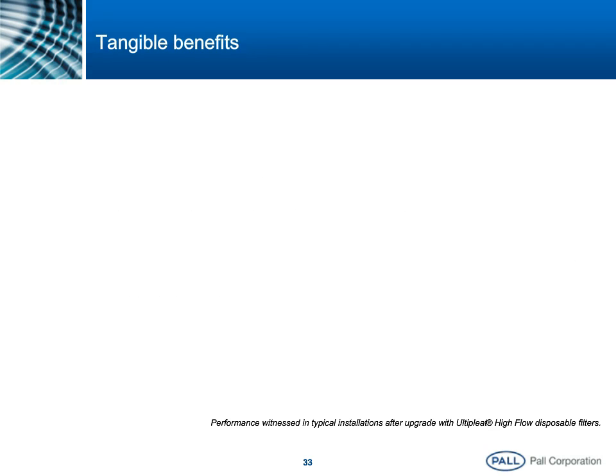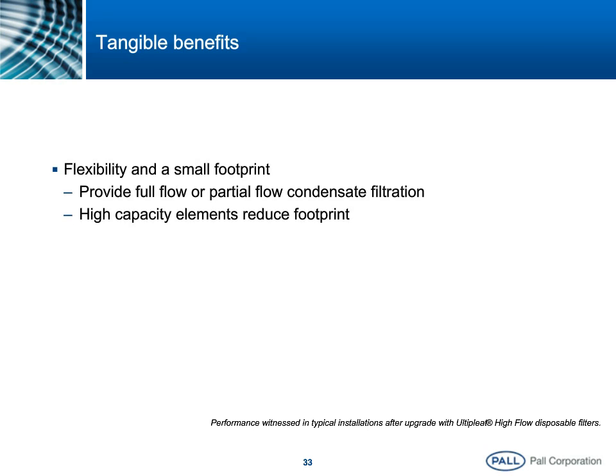So all these benefits obviously have to be quantified, and they are tangible benefits. Other than this flexibility and the small footprint, which are basically the hallmark of these small, nimble, disposable filters, we get very measurable effects on the system. You get to reduce total contamination of copper and iron by over 80% based on total concentration.